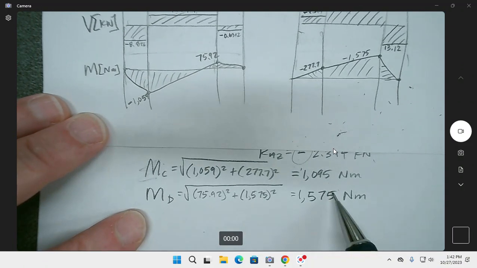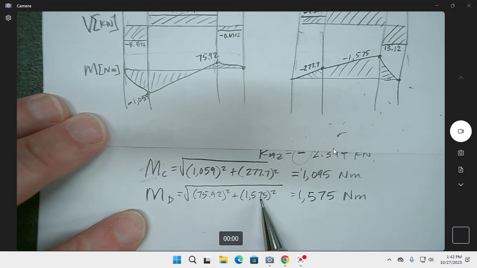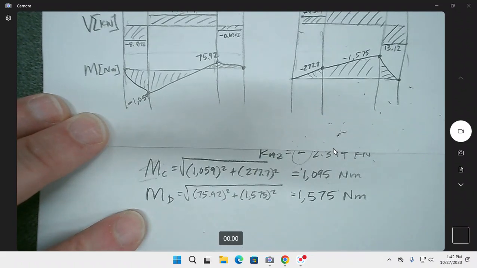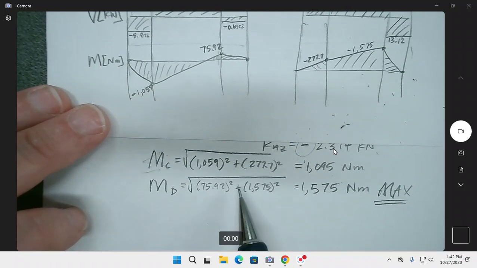And I'm off by, on my page I have 4 written down, but it's just because this was 4 in my previous calculations because I dropped some sig figs along the way. But anyway, this is the max one. So this is the one that we would use with our calculations.